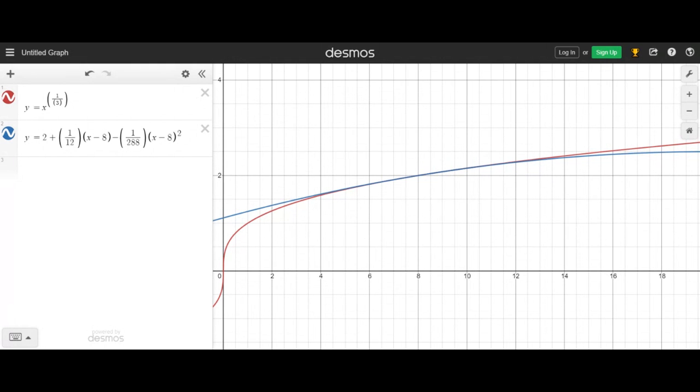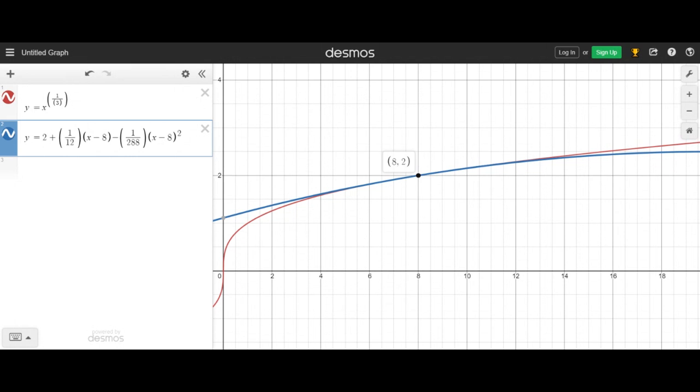So you see right at a equals 8, see how you have 8, 2? The Taylor polynomial and the function agree perfectly at a equals 8. The cube root of 8 is 2, and if you put 8 into the Taylor polynomial, you're going to get 2.